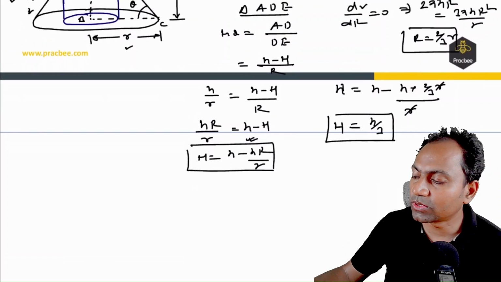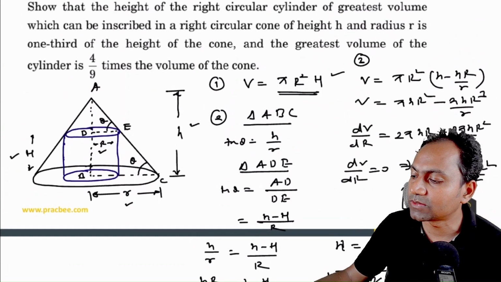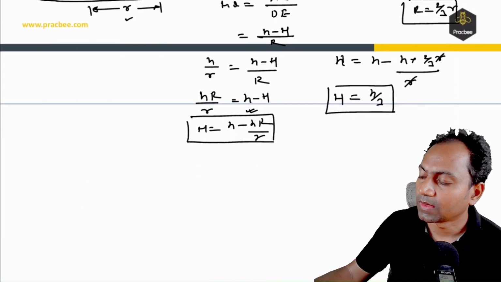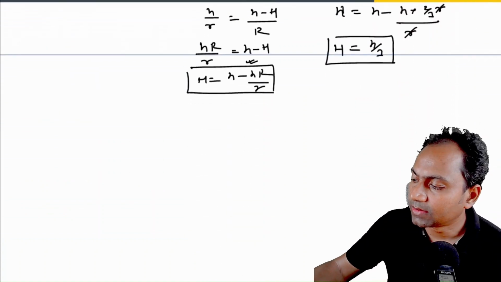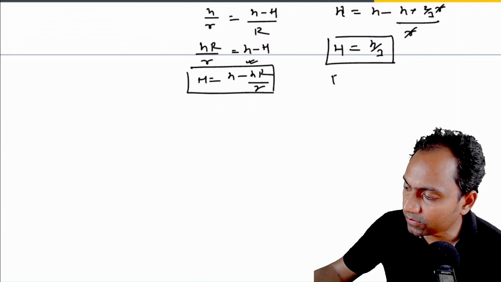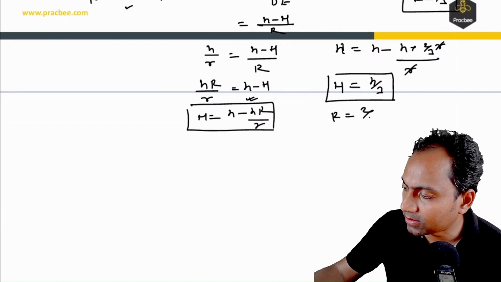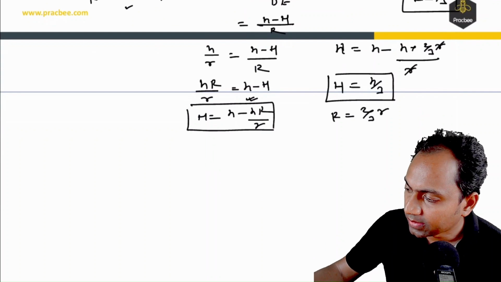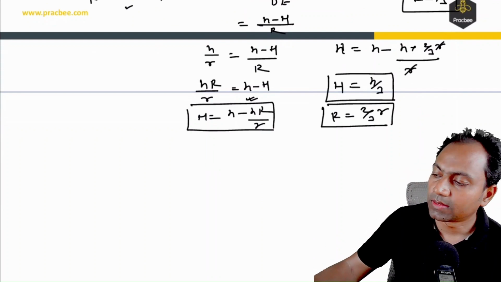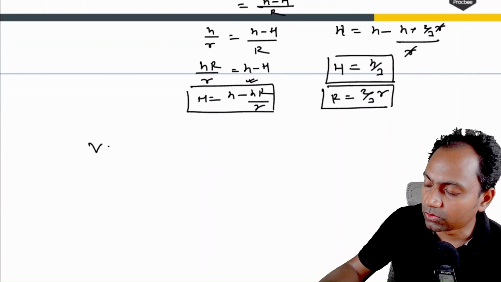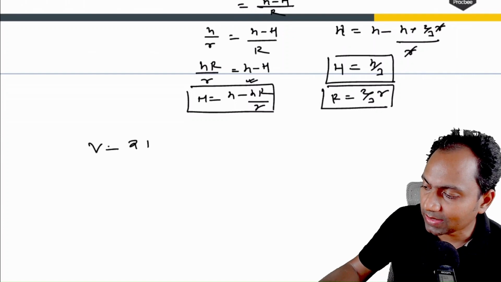Now corresponding to this, the next result that they want us to prove is that it is 4 by 9 times the volume of cone. Now we can understand the value of h, and the value of r that we already found earlier was 2r by 3. So from here, if I want to find the volume of cylinder, it is pi r square h.